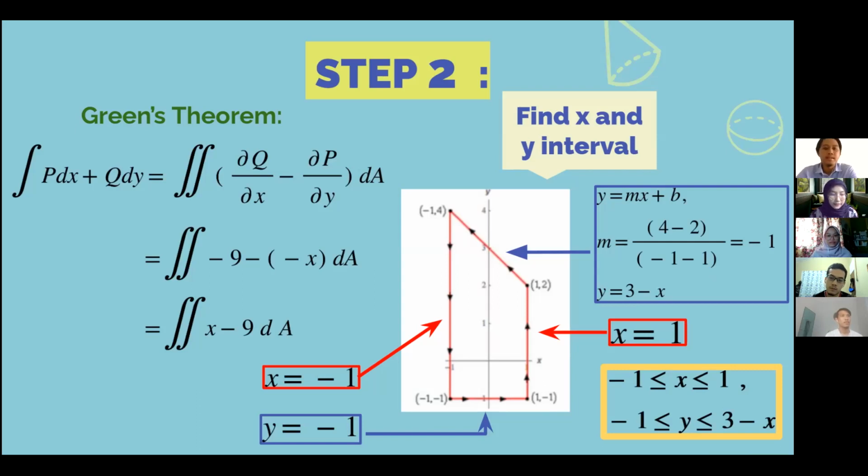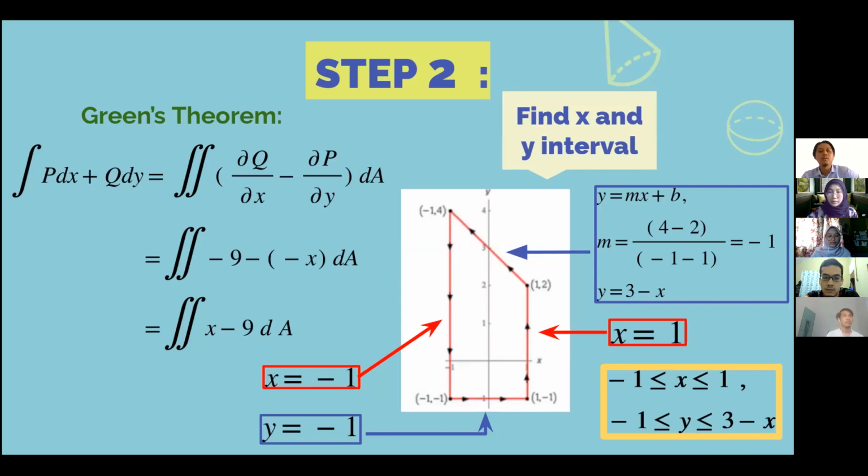Okay, for the next step, we will need to find the x and y intervals. First, we will use Green's theorem, which says the integral of p dx plus q dy is equal to the double integral of (delta q over delta x minus delta p over delta y) dA.